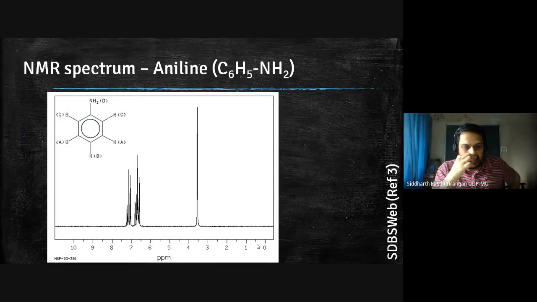To give you an example, again I am taking the same compound, aniline. Aniline is basically CH, CH, CH, CH, CH with an alternating double and single bond structure, and C, and instead of H here you have NH2, like we have discussed already.